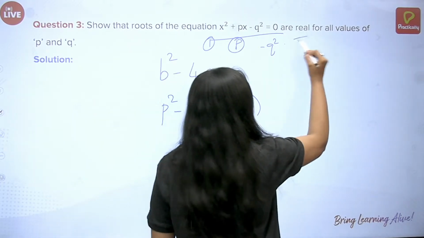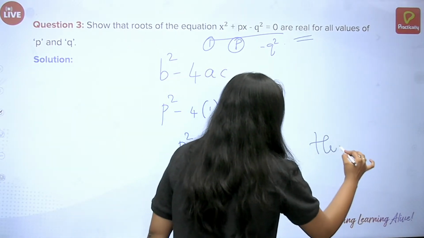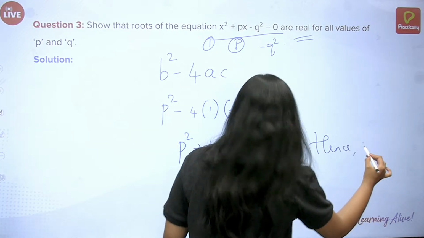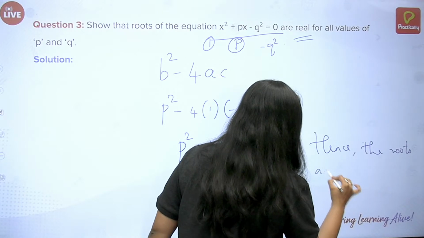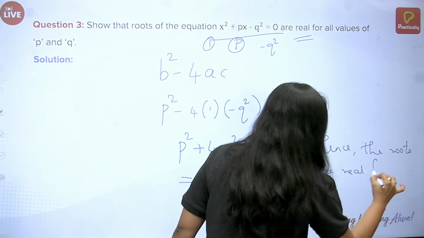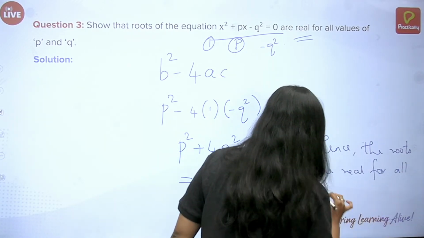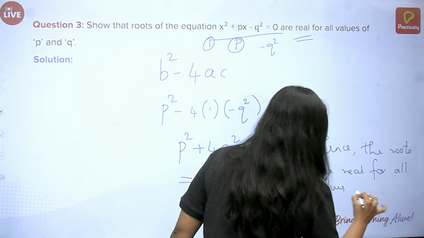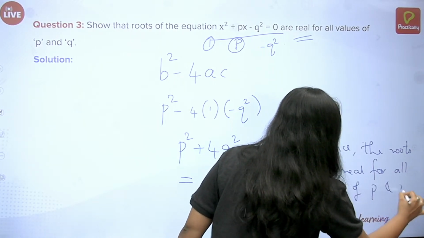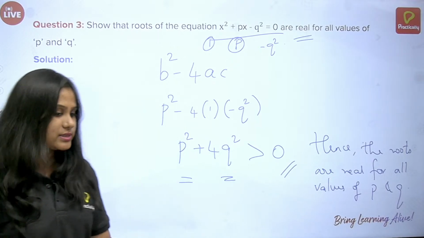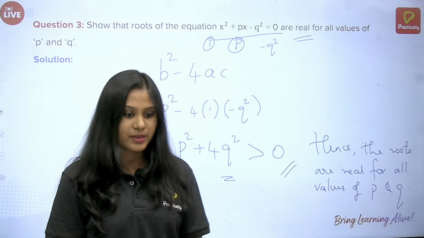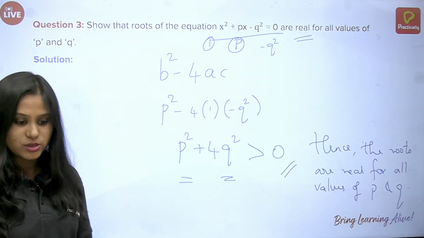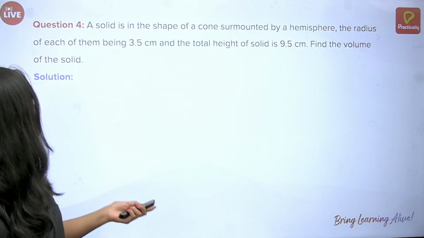So that is what we have proved. So you can just write, hence the roots are real for all values of p and q. You have to just write this statement so that it concludes your answer. Simple, right? So let us go to the next question without any delay.